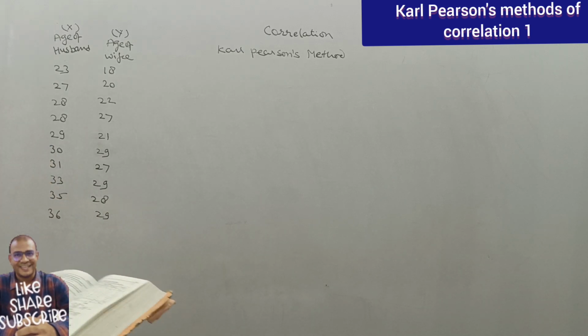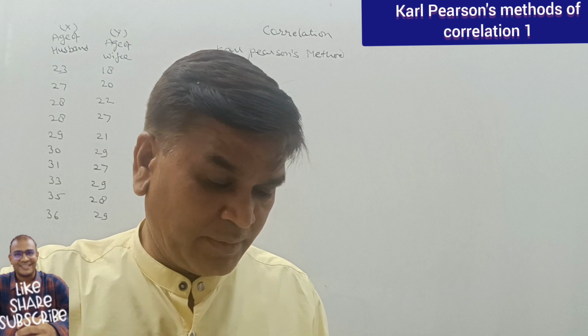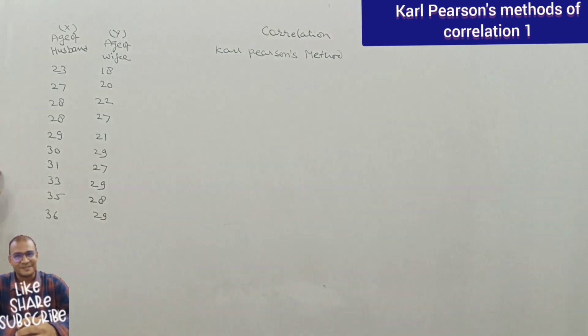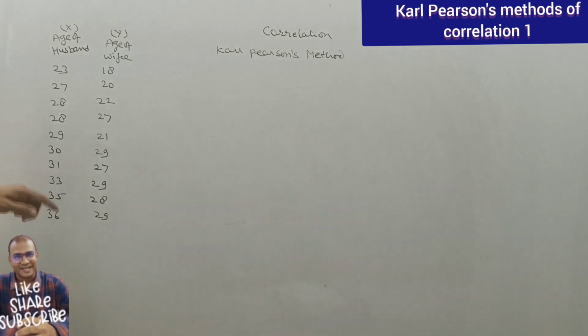So in this question, we are given the age of husband and the age of wife, and we have to calculate the correlation between both of them.